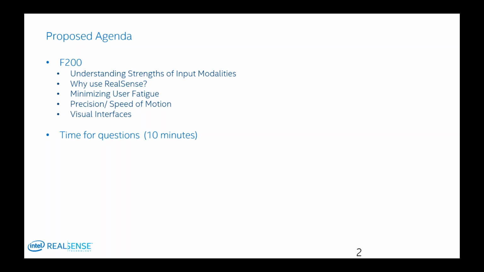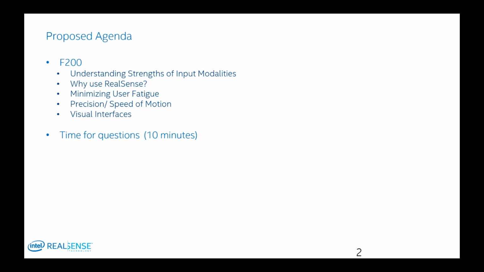We'll go through some examples. When you develop a RealSense application, you really need to understand the strengths of all the modalities you can use, why you should use them, and in which cases you should use them or not, because it's not meant to fully replace keyboard, mouse, or touch, of course.